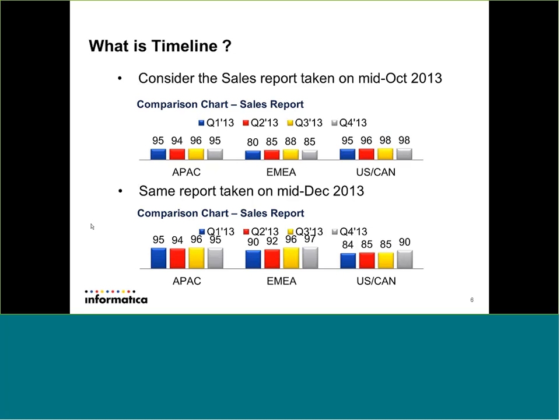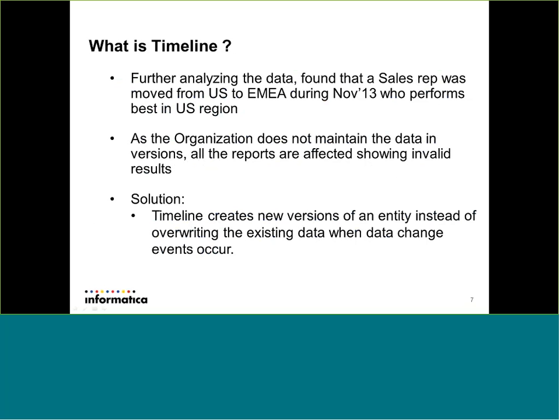So the reason for this is that the organization does not maintain the data of each record in versions. Like say if a sales rep is working for US geo till mid-October, then whatever efforts he has kept in the US region have to be calculated only in the US region.